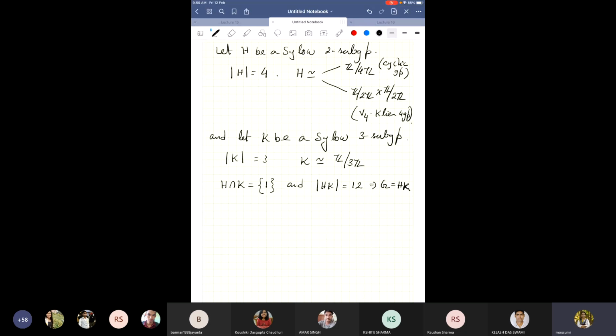Now my first claim, which I am putting as a lemma, says that either H or K is a normal subgroup of G. I'm saying that one of them has to be a normal subgroup of G. What does that imply in the count of Sylow 2 and Sylow 3 subgroups?